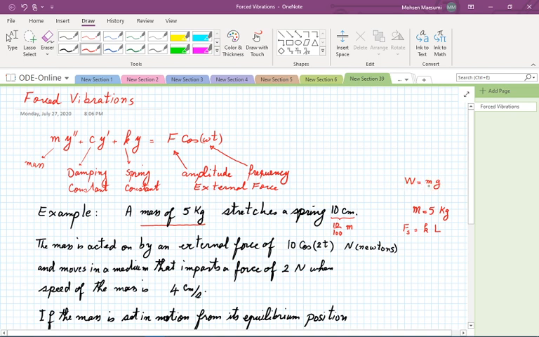And if the mass is given as 5 and g in this system is 9.8 meters per second squared, we get our W to be 5 times 9.8. So that's going to be 49.